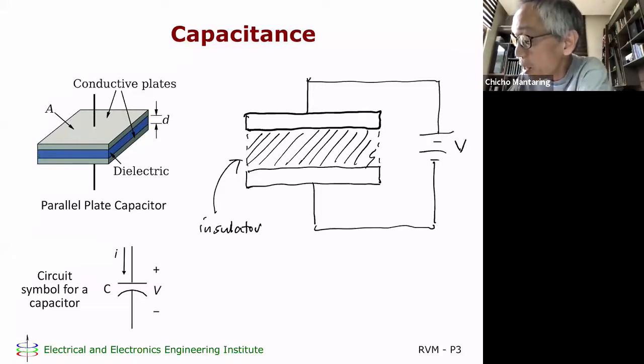Well, this is positive. I have electrons that are here, and I have electrons that are here. Those electrons will be attracted toward the positive end of my battery. So I'll have electrons that are pushed up.